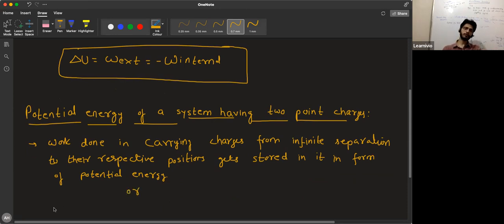Or you can say that the work done to make the system gets stored in the form of potential energy.